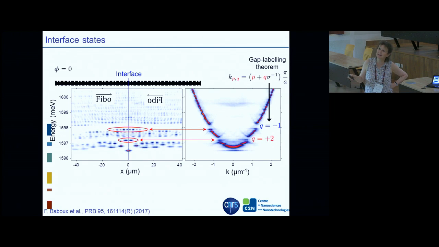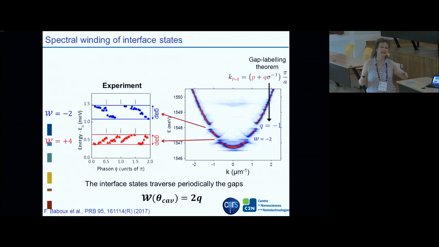So you see them in reciprocal space, and you see them in real space. You see that they are localized around the interface between the two palindromic structures. Okay? And then what we did is look at this edge state on different wires corresponding to different values of phi.